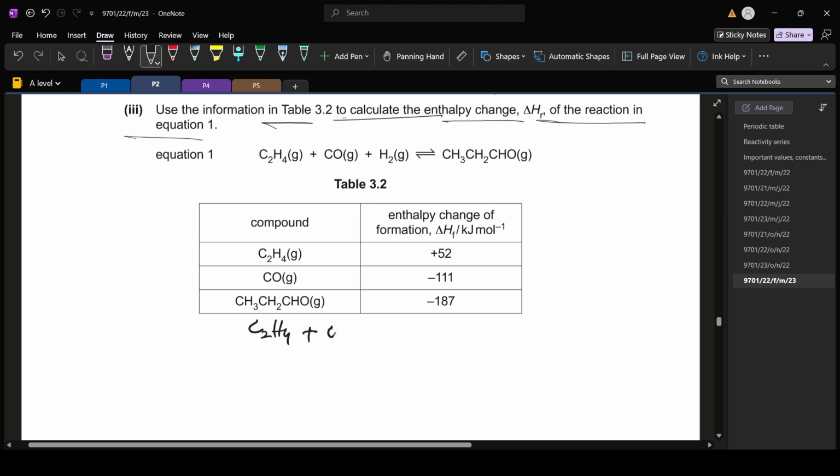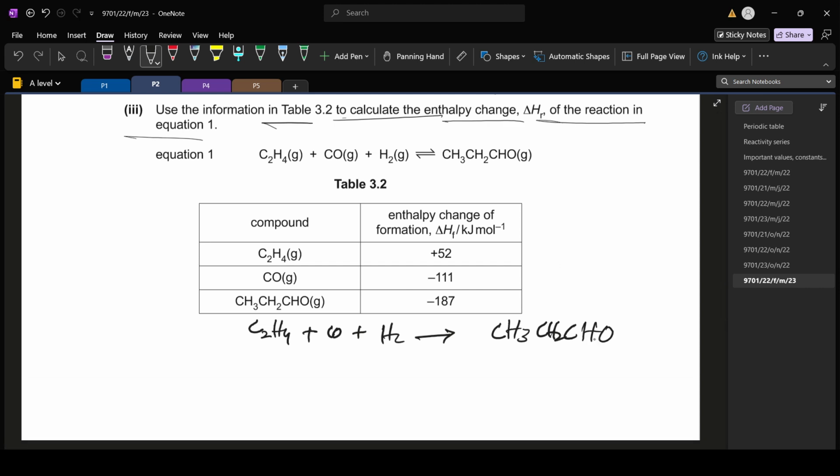C2H4 plus carbon monoxide and hydrogen forms CH3CH2CH2CHO, sorry, CHO. So this is the enthalpy change of reaction which you have to find.